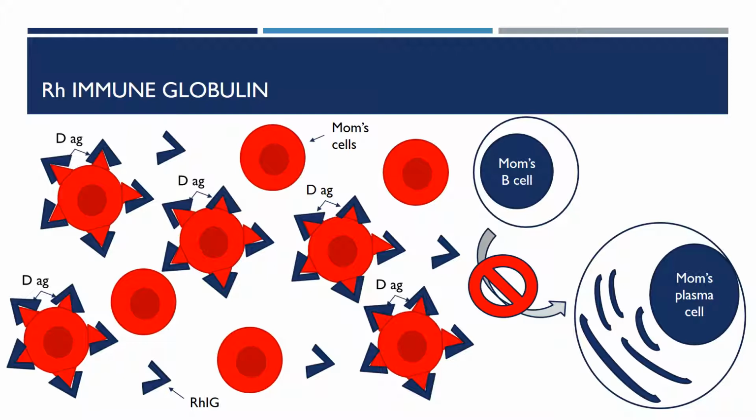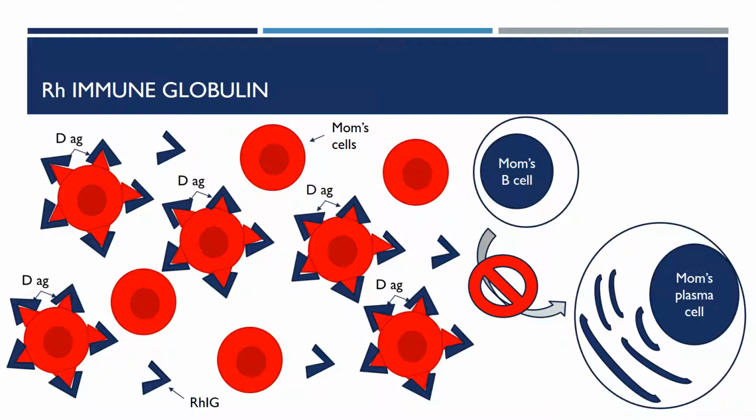The mom's cells don't have D antigen, right? They're D negative. But the infant's red cells do, and so those have to be coated. And they look like little Chinese stars or something. Once they're coated, that prevents an immune response by the mother, and so no plasma cell production is going to occur.